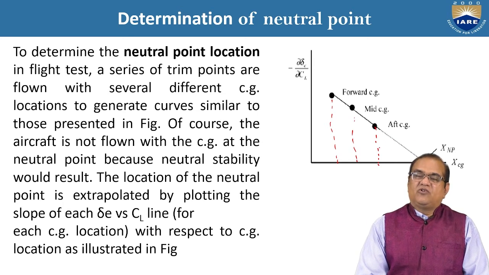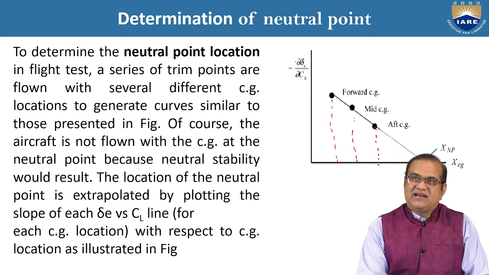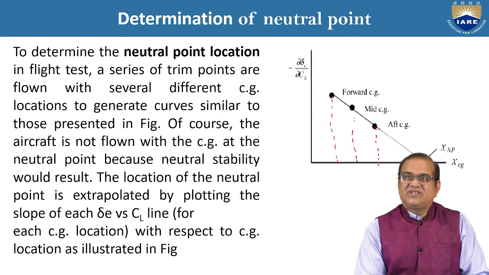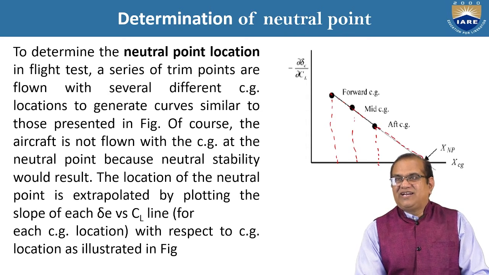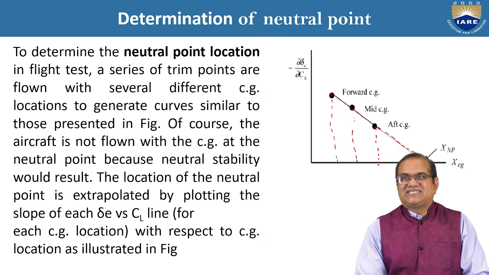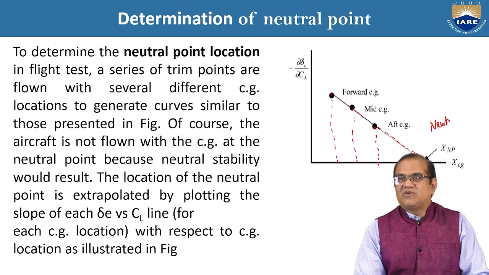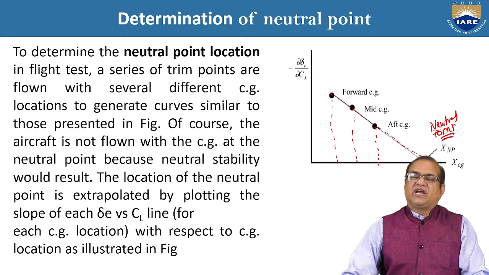We have to fly the aircraft, and for a particular delta elevator deflection, see what the CL is, and if we draw with respect to the center of gravity, we will get 3 points. If you join these and extend, wherever it cuts the XCG line, this point is called the neutral point. In this way, we can find out where the neutral point is located.